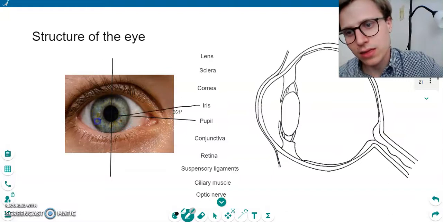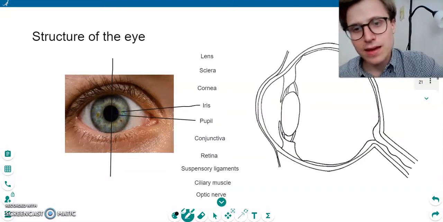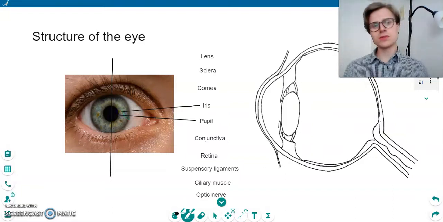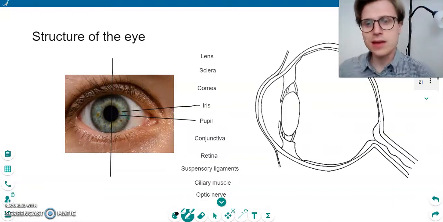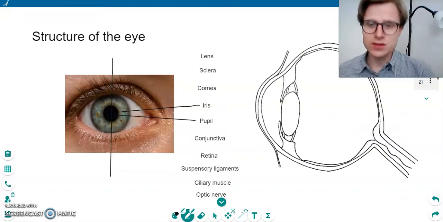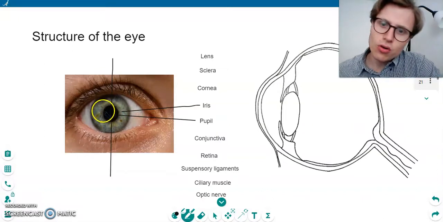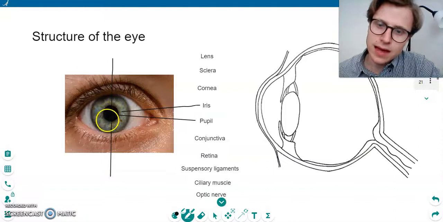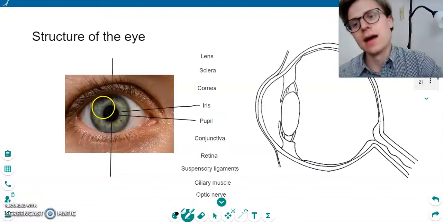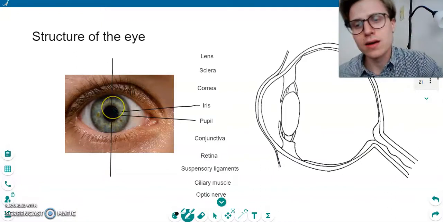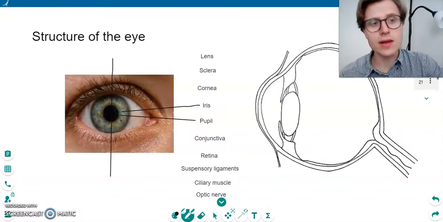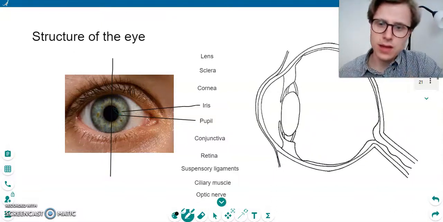And the iris is this colored part of the eye. It's different colors for different people just due to the different type of pigment. But the key function of the iris is to control the size of the pupil. And it does this by using pairs of muscles to either constrict the pupil and make it smaller, or dilate the pupil to make it larger.